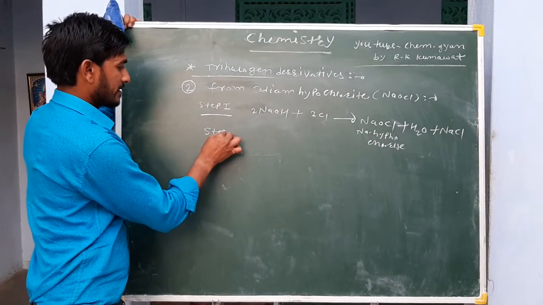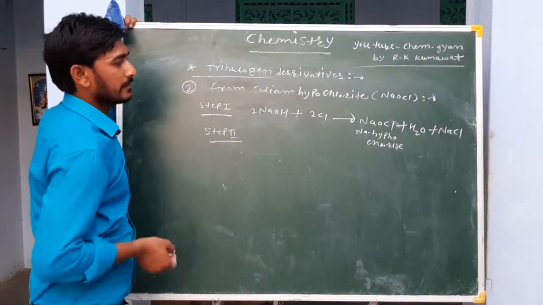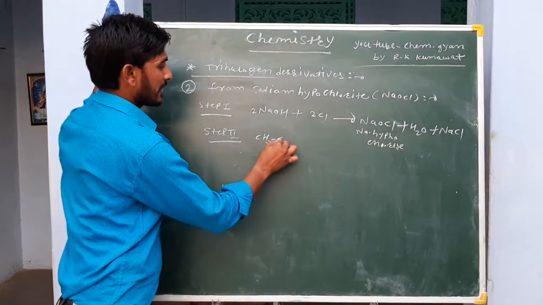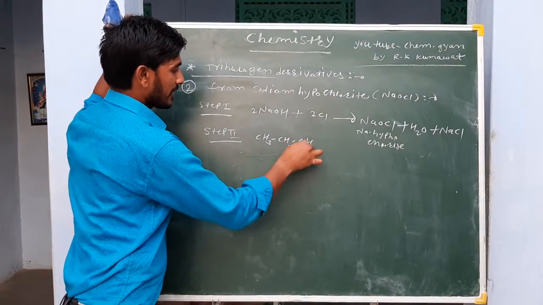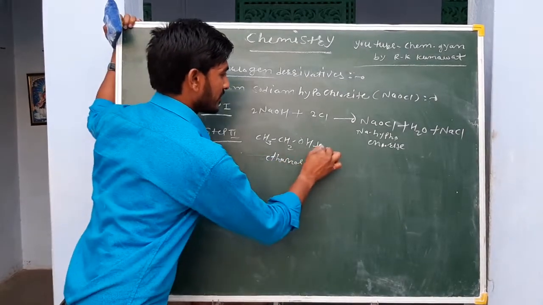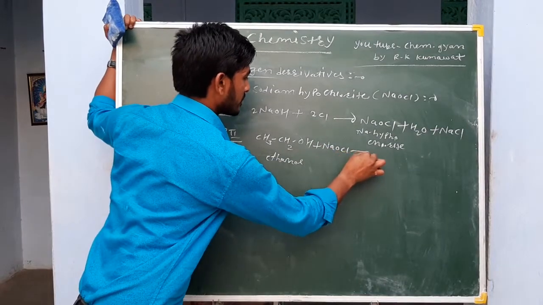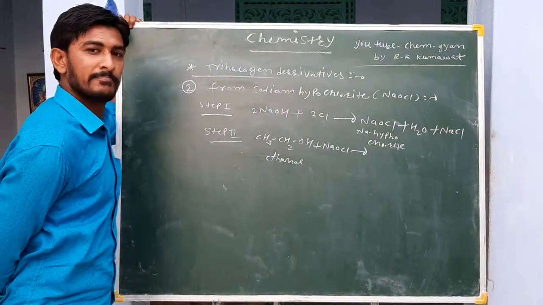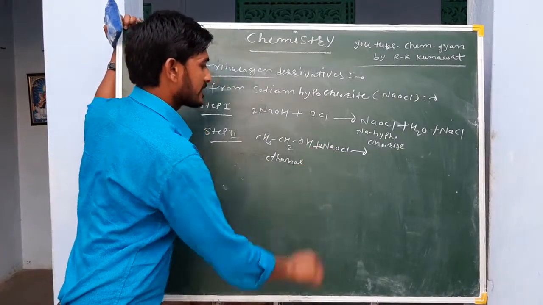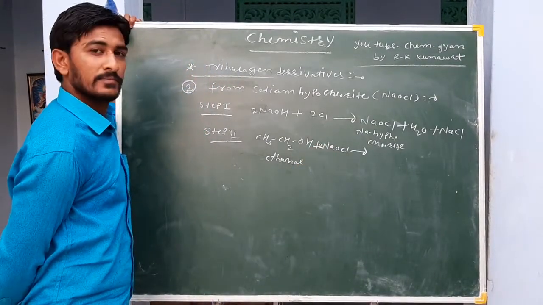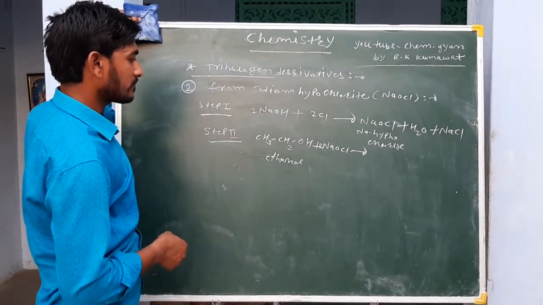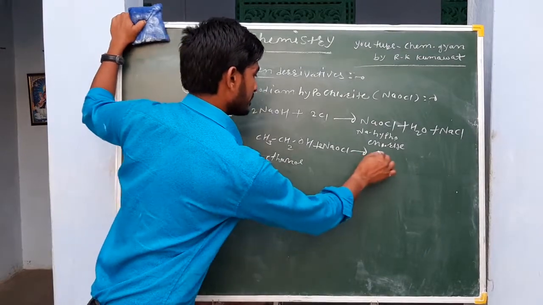Step number second is primary alcohol, ethanol, react with sodium hypochlorite, two molecules, and we know that product is formed.